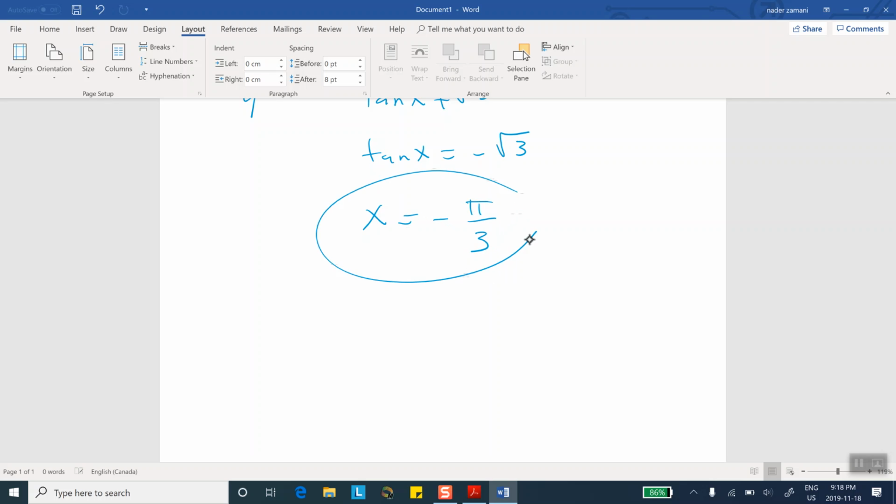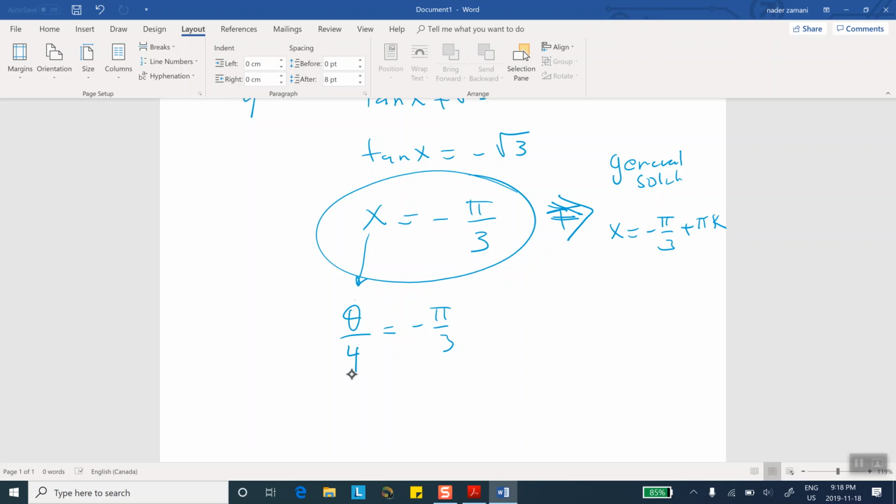Okay, and for tangent, there's only one thing that we need, and it's right here. But our variable is not x, our variable is theta. So theta over 4, that's what x was, equal to minus pi over 3. Oh, I forgot to say that the general solution of this is x equal to minus pi over 3 plus multiple of pi, because we're dealing with tangent.